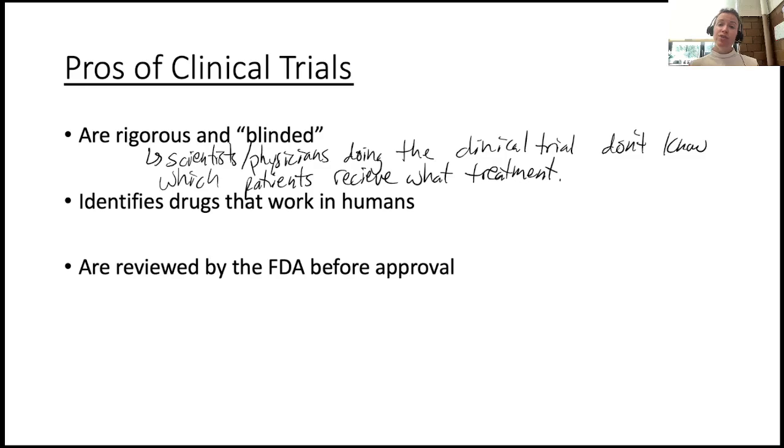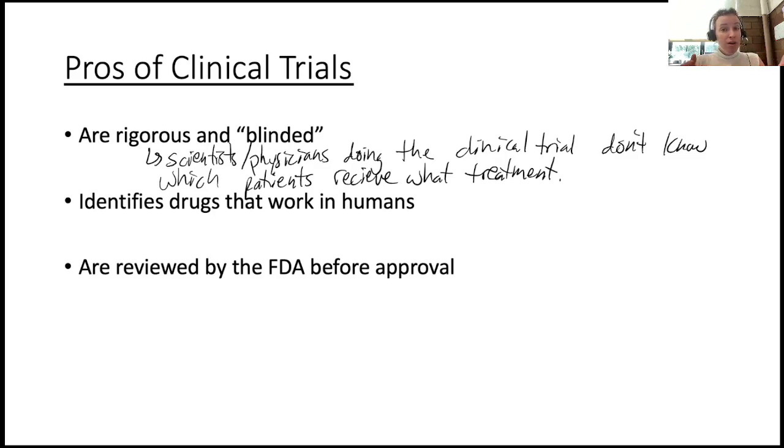We need these patients to receive the same treatment from physicians. Similarly, what if the scientists know which data points received what drug? They might analyze the data in a way that is biased to tell a better story, for example. So these clinical trials are organized before they start in such a way so that bias is at a minimum.